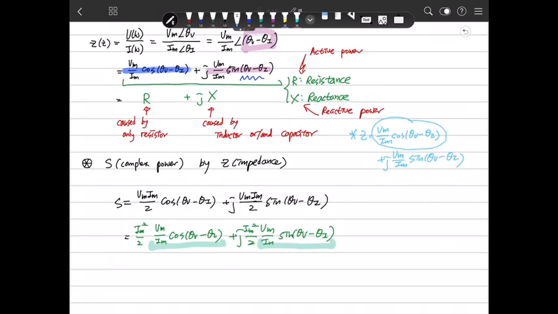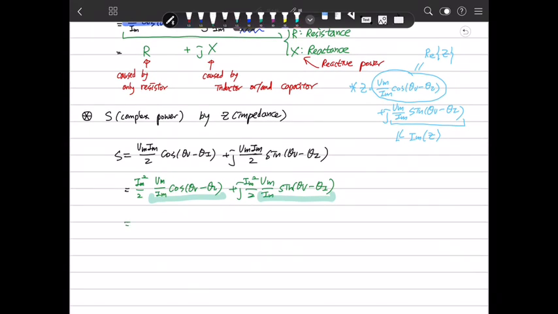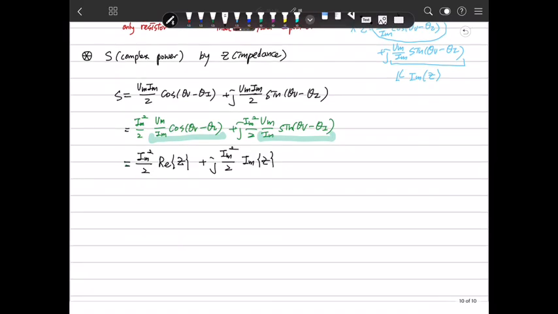Therefore, this term is the real part of Z, and this part is the imaginary part of Z. Therefore we rewrite this as real of Z plus j imaginary of Z. So this is P plus jQ.